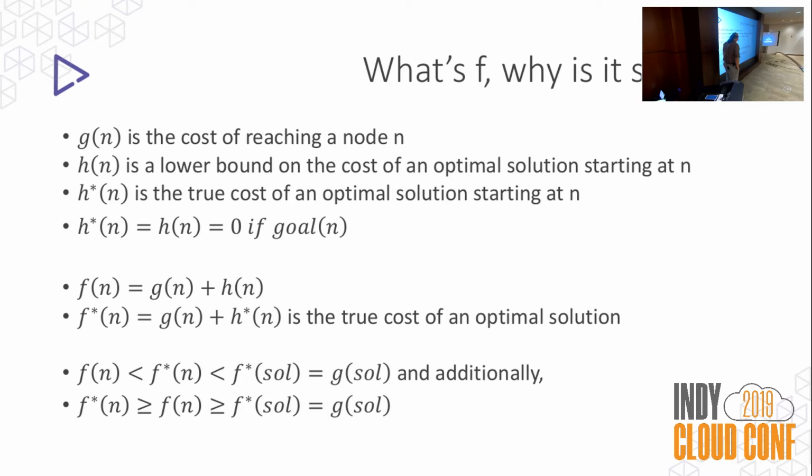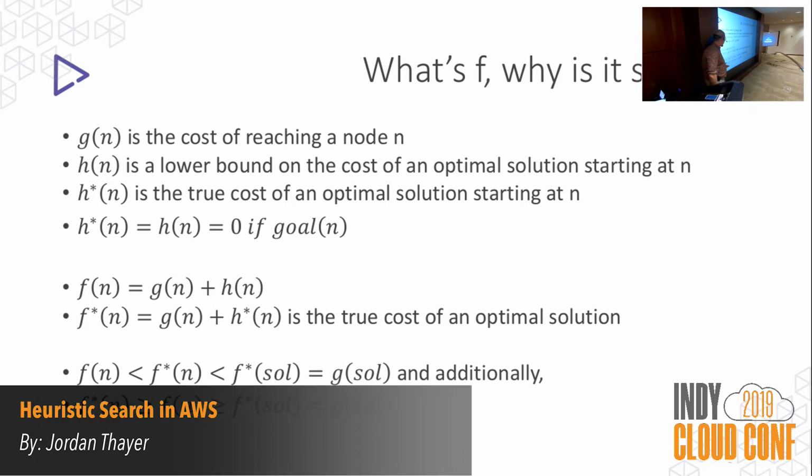And because of the way we expand nodes, it's no larger than the true value of the solution we have in hand, which is just the cost of the solution we have in hand. And as a natural consequence of that, if a node's f of n is larger than the cost of the incumbent solution, we can discard it. And that's how we are able to throw away so many things and still converge on the optimal solution provably, which is a pretty cool consequence of the heuristics, their properties, and the inequalities here.